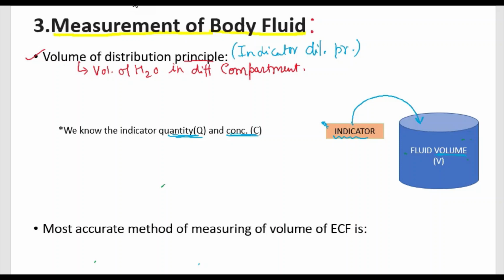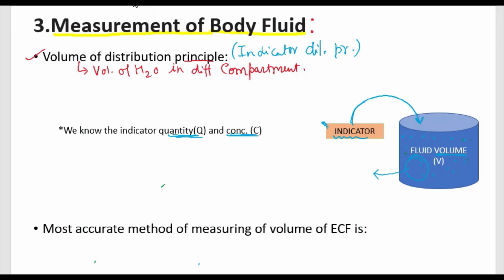When we inject this indicator into the fluid volume, the indicator gets diluted and distributes uniformly all over the volume of this compartment. Then we take a sample of fluid from this, estimate it, and measure the volume of this fluid.